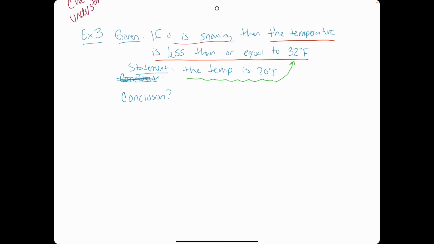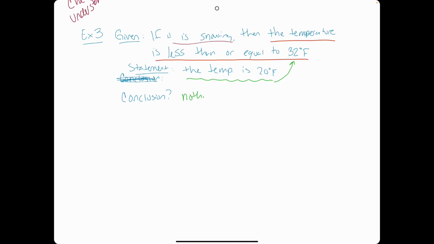It says nothing about snowing. So those of you here that live with me in Michigan, which I think is all of you, we have plenty of days in winter that are 20 degrees or less, but it doesn't guarantee that it's snowing. It just happens to be a cold day. So there's really nothing I can conclude here.